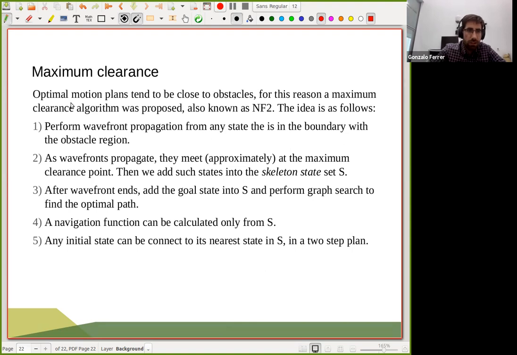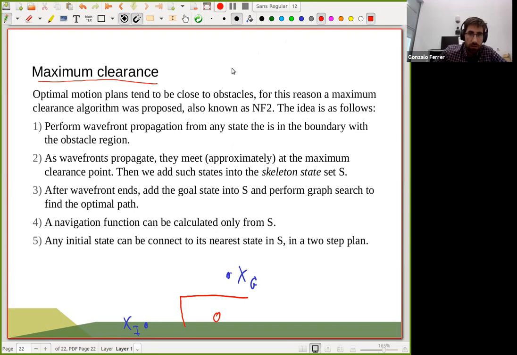navigation function is what is called the maximum clearance, right? I'm just going to explain intuitively what it is. So we start with some obstacle. Okay, let's say that we have here x_I and here we have x_goal. Okay, and we have here an obstacle.